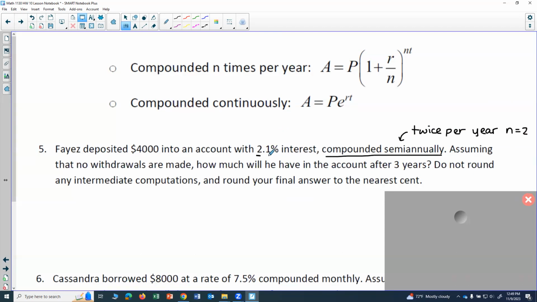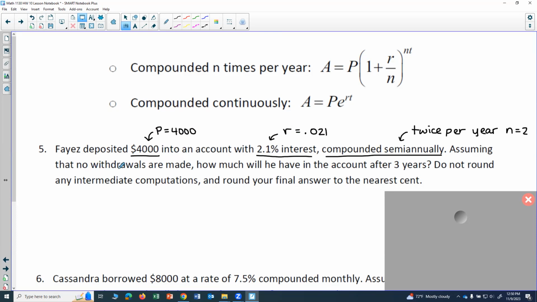The interest rate will give me my R. So I'll have R equals 0.021 because I want to change that to a decimal. The initial amount was 4,000. So that will give me the P. P is 4,000.